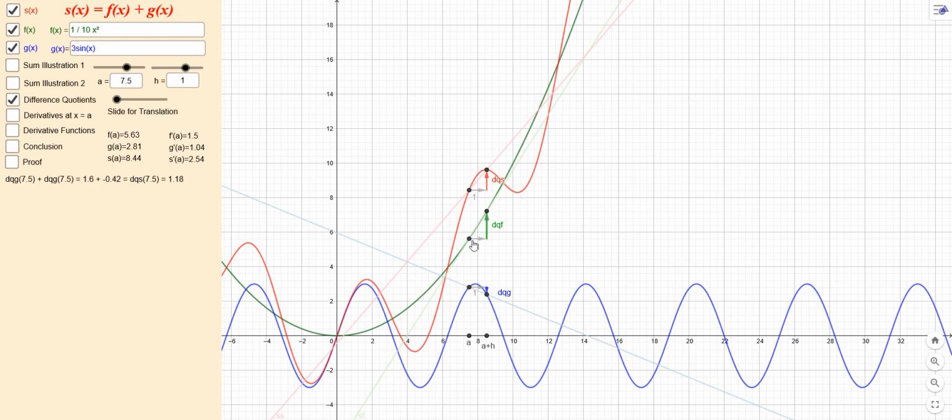So the difference quotient for f is the length of this green vector, and that is the slope of this green secant line right there. Similarly, the slope of this blue secant line down here is that little bitty vector right there, how much it goes down when we go to the right one. And similarly for the sum function, when we go to the right one here, we go up by this amount. That's the slope of that line.